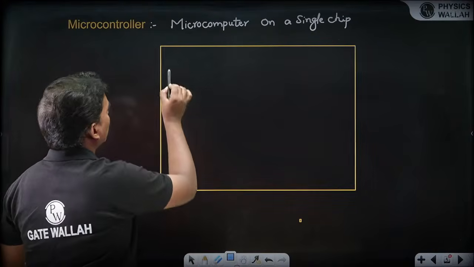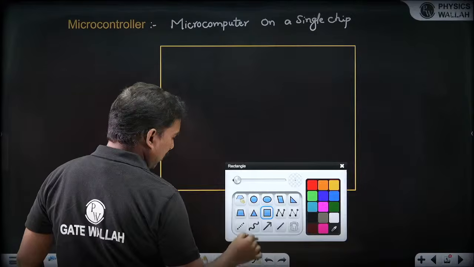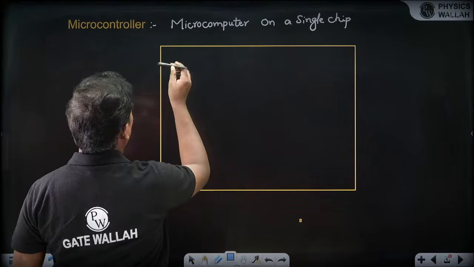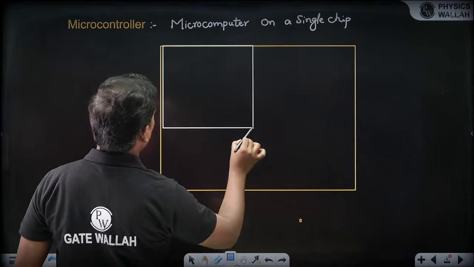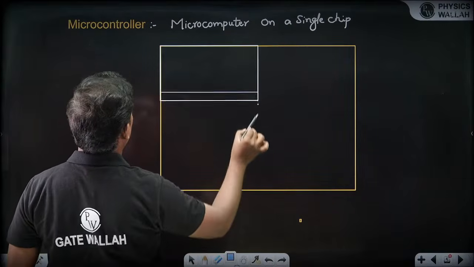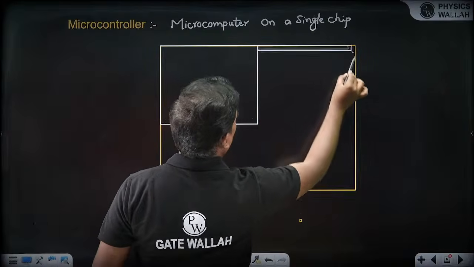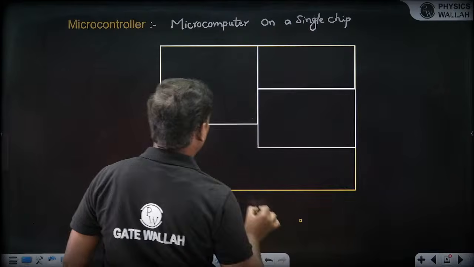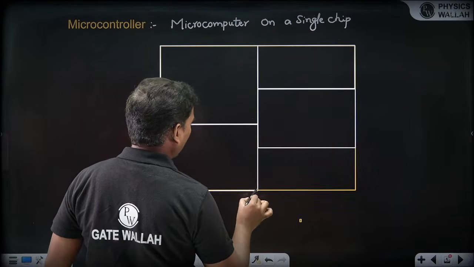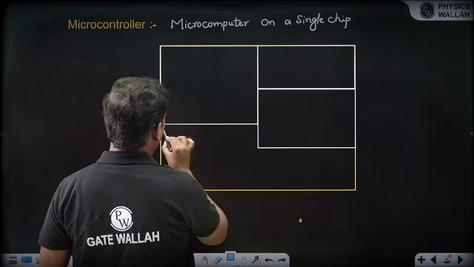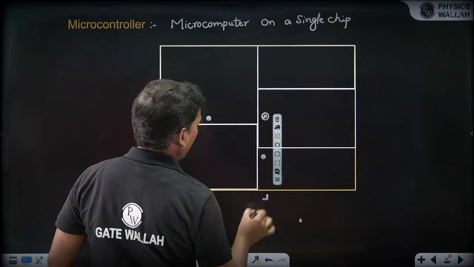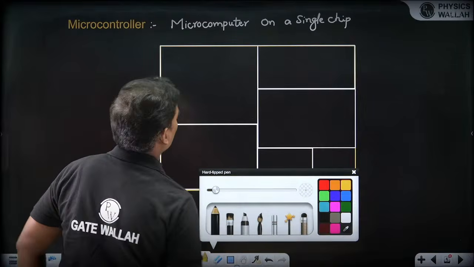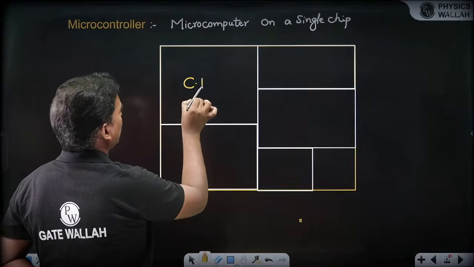There will be microprocessor, a part of CPU, and inbuilt RAM and ROM and ports, and there is a serial data communication like this. So if you see this, so this is our CPU.